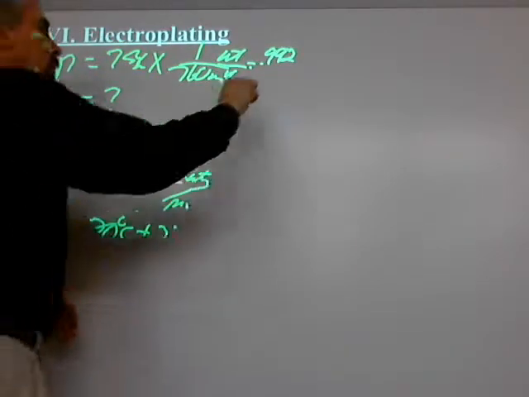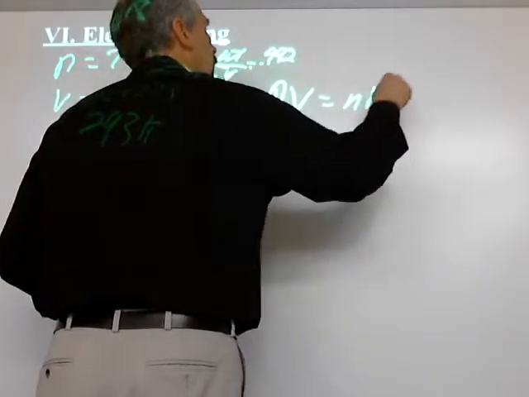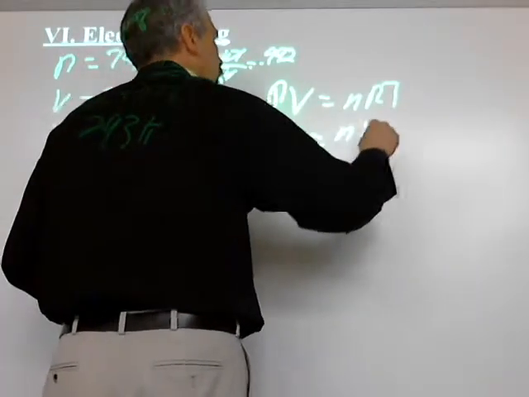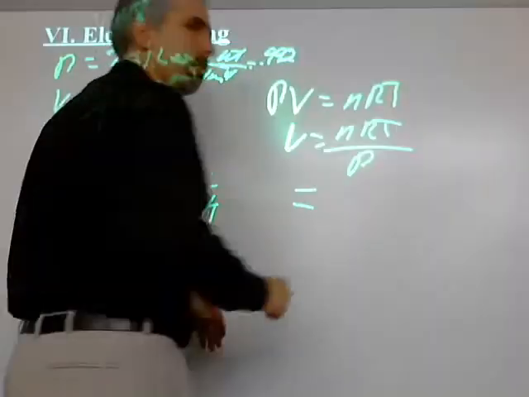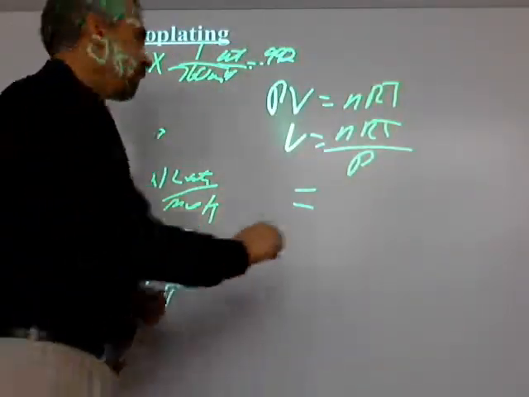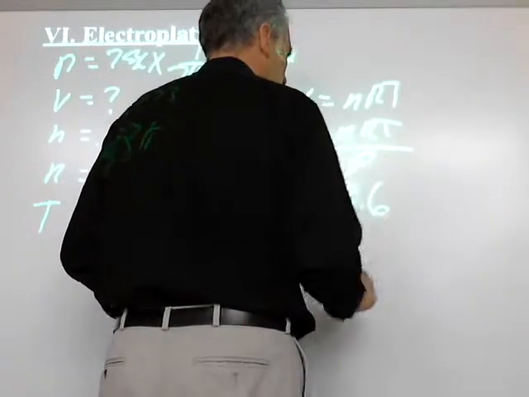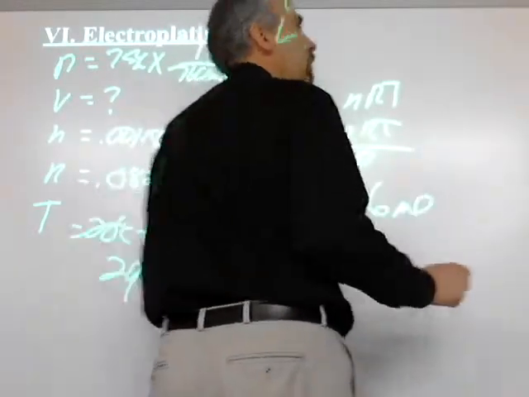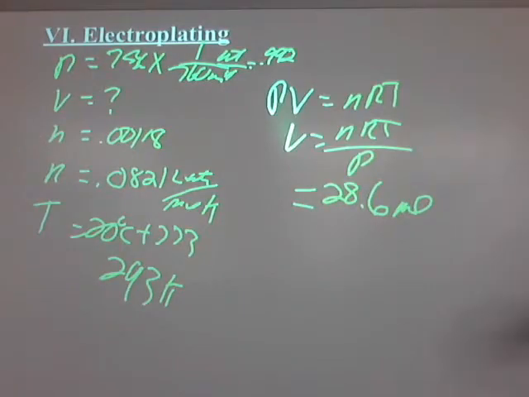Solve for V. You know, PV equals nRT, so V equals nRT over P. What do you get? 28.6. Okay, well, that's even worse, because this is our observed answer, which was 25.1 milliliters.